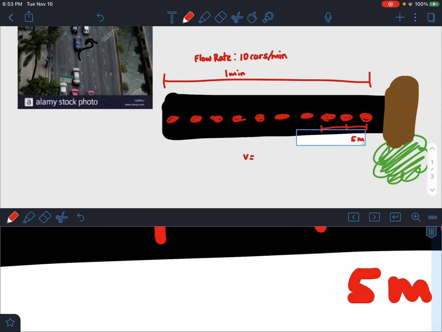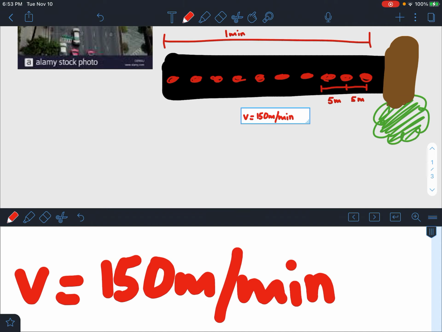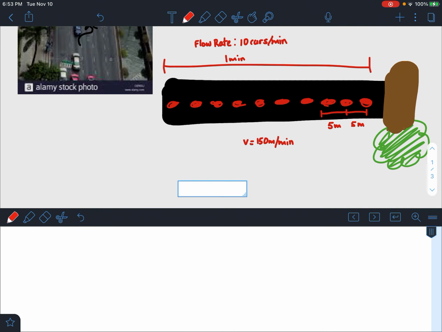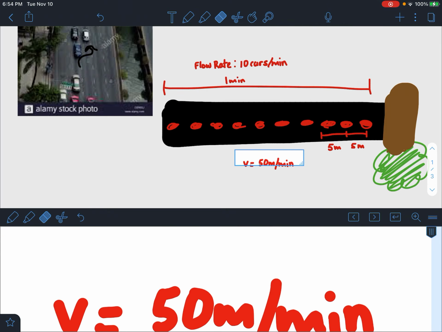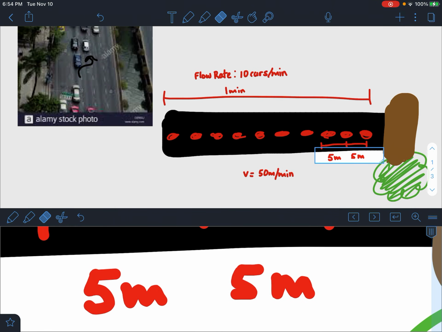With the flow rate of 10 cars and the 5 meters, we can find our simple velocity.